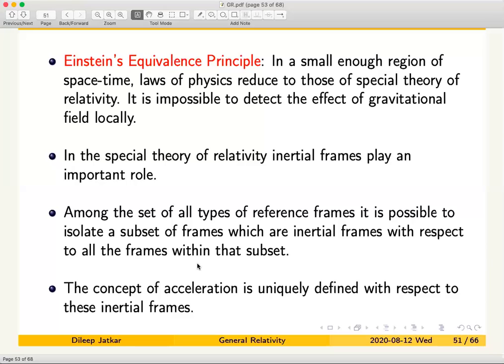That is what we would like to do, and that is the one which will incorporate information about gravity. So the classes of inertial frames that you just mentioned, those classes will lie at different points? No, they could lie at the same point also, right?